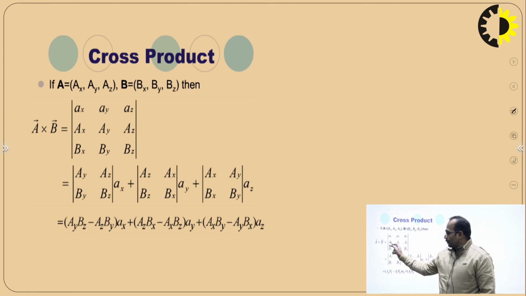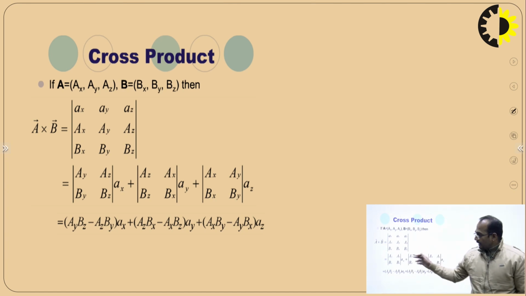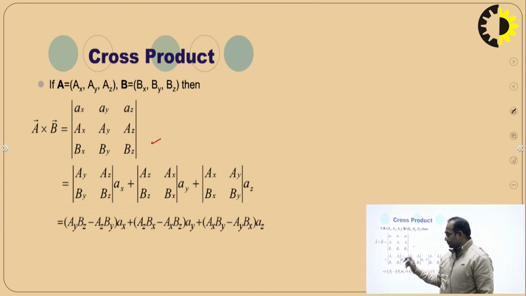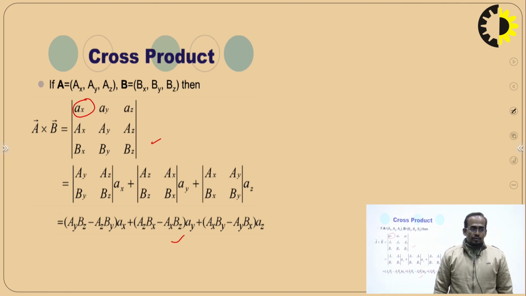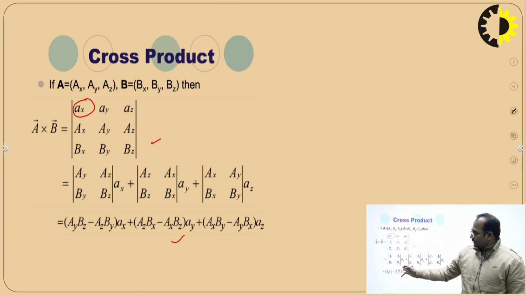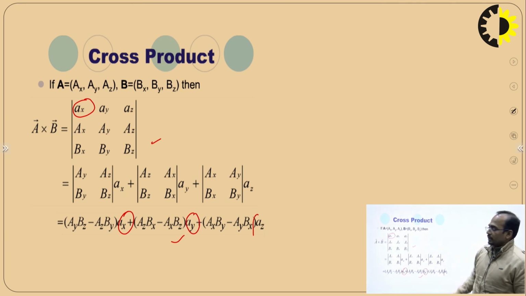You can write the components of vector A and vector B in the directions of x, y and z, like this. Then you have to solve the simple matrix, and by solving the matrix you will get this quantity. So you can see that this cross product is again a vector quantity, which has magnitudes in the x, y and z directions.